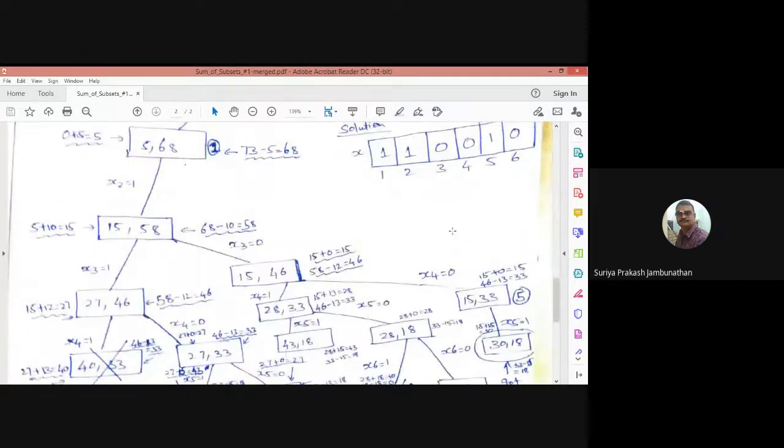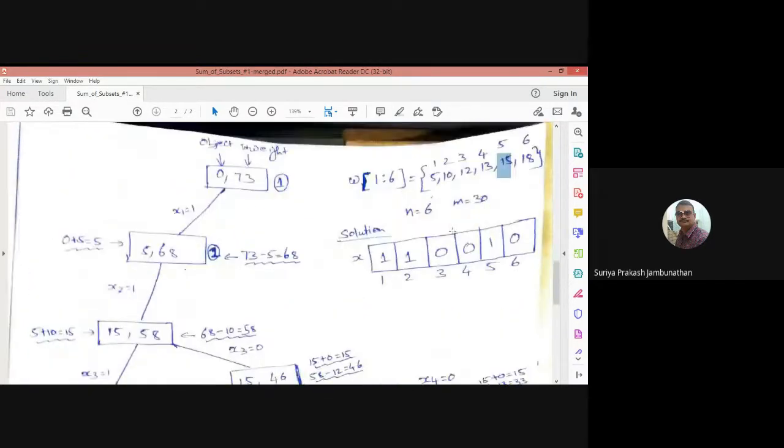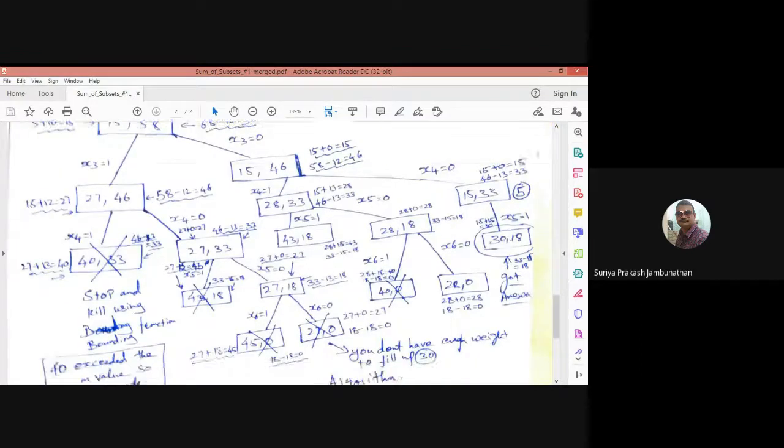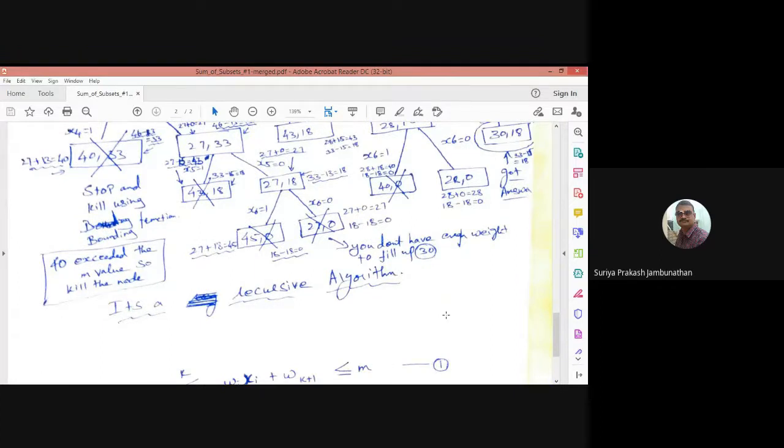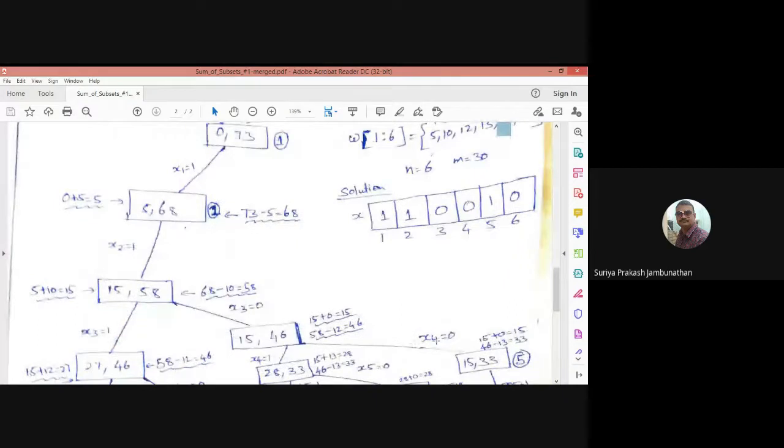Next to this, we select the fifth node. The fifth node is 15. Okay, so 5 plus 10 plus 15, totally we get 30. So 30 is the final node we get. Okay, so this is the final solution for this particular problem.